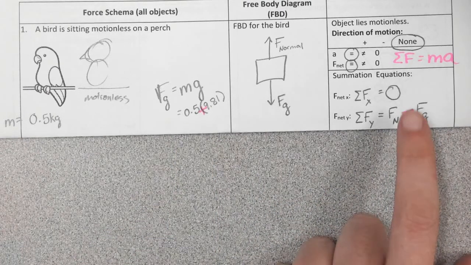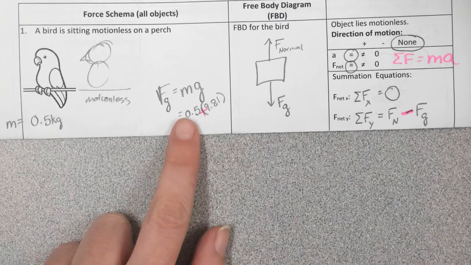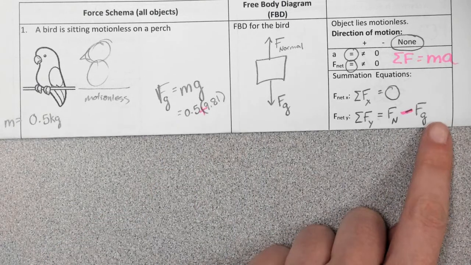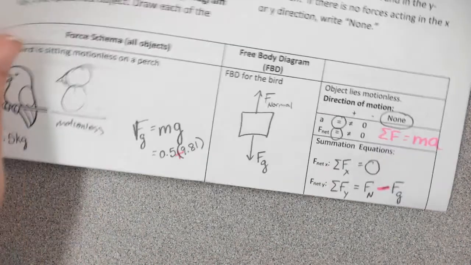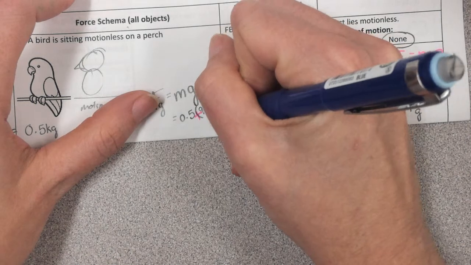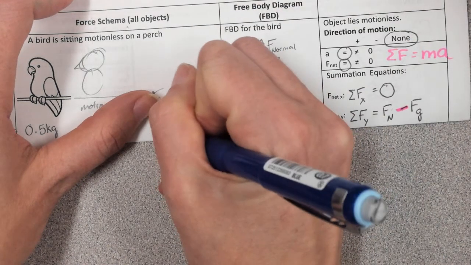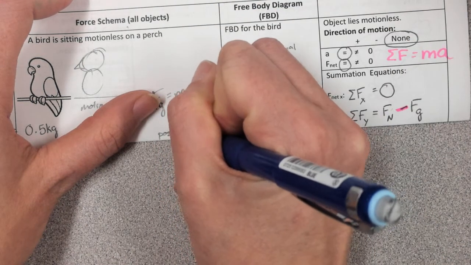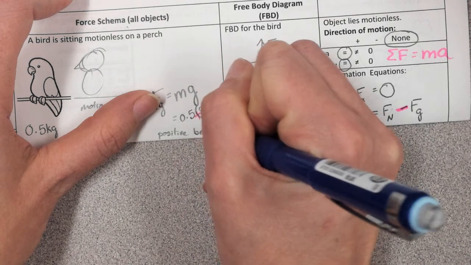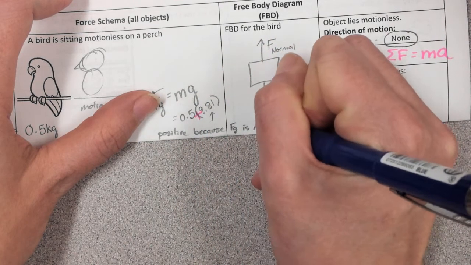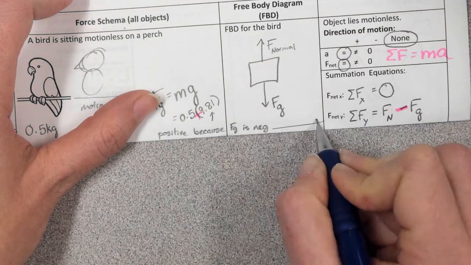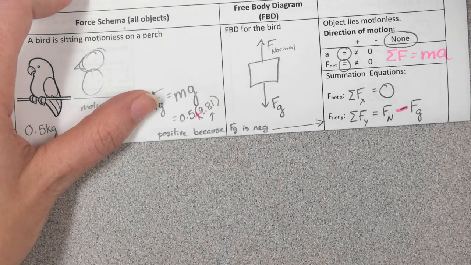So if it's negative over here, we don't need to make it negative over here, because we already took care of which direction it's going. So you can write a little note. Positive because FG is negative over here. Right.